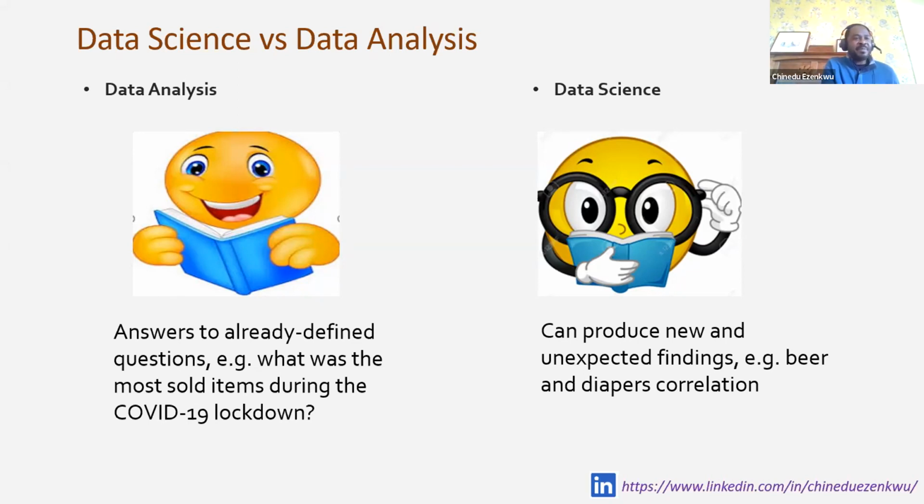So when they went to the supermarket to buy the diaper, they discovered that they needed some beer. They bought it. So that is how these two things managed to be in the same basket, right? So it is only data science that is capable of uncovering such a very latent relationship.